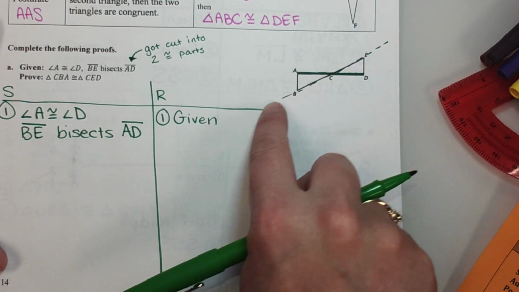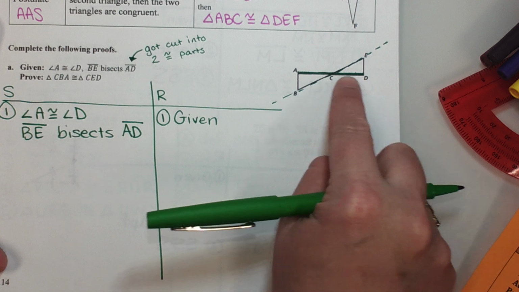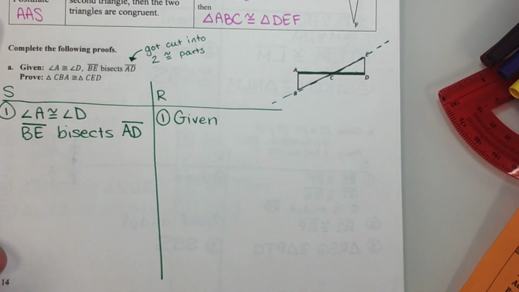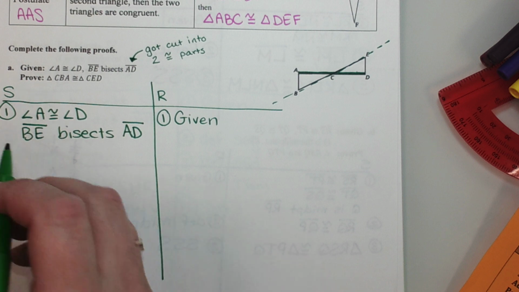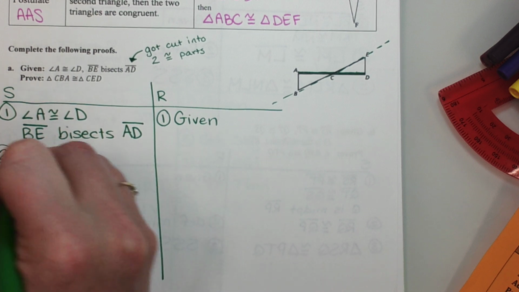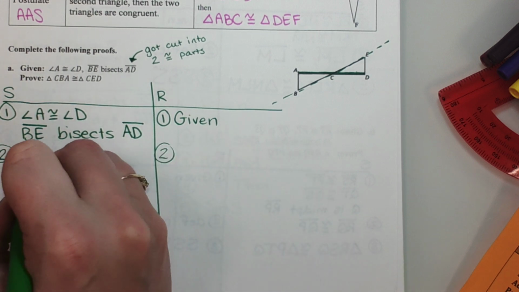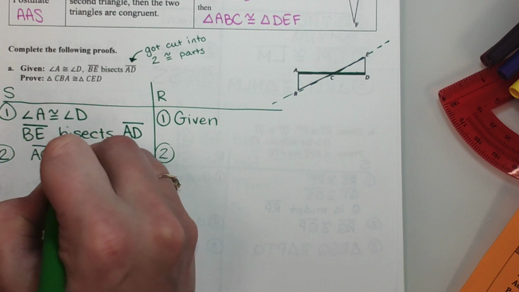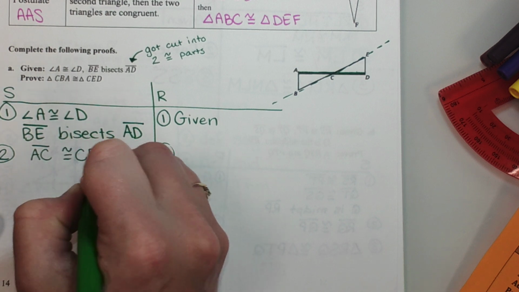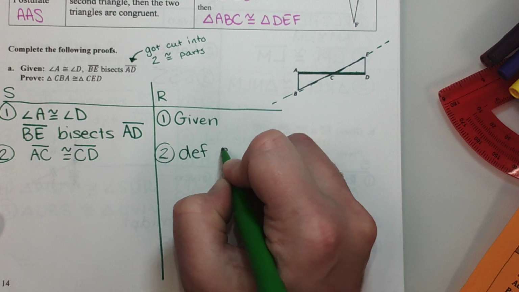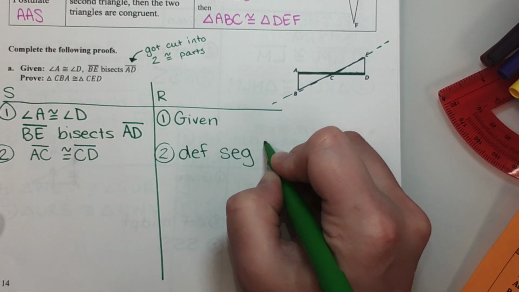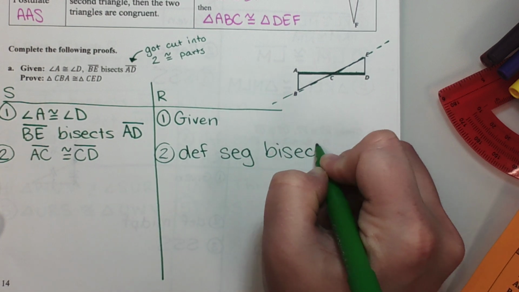If this is the knife and this is the thing that got cut, what are the two congruent parts? AC and CD. AC is congruent to CD, and that's because of the definition of segment bisector.